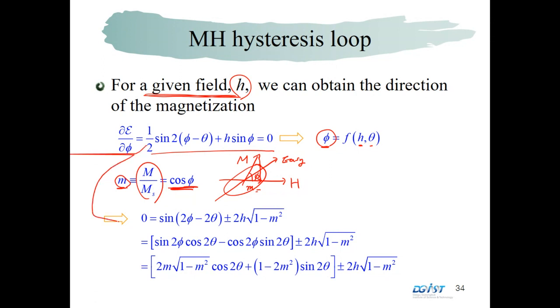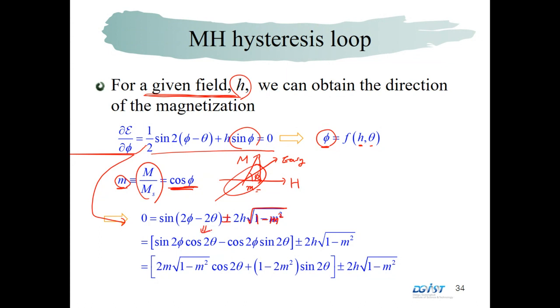And in this relation, we can replace sine phi by plus or minus root 1 minus m squared.